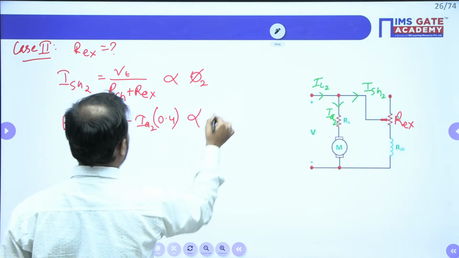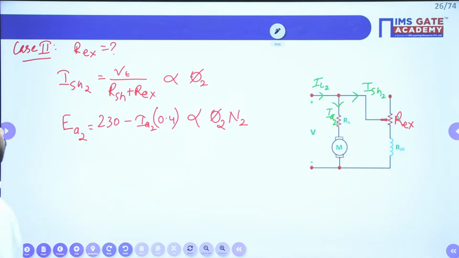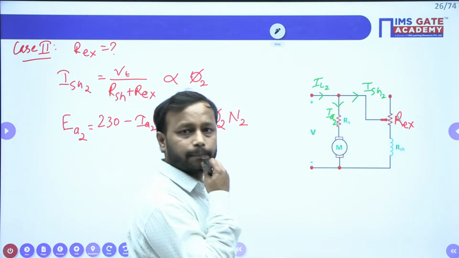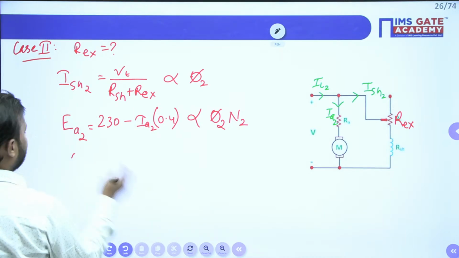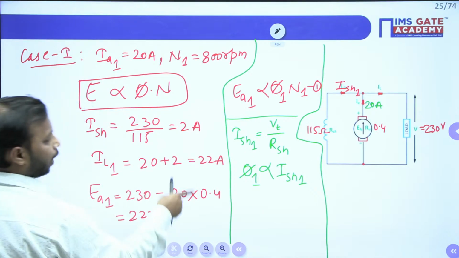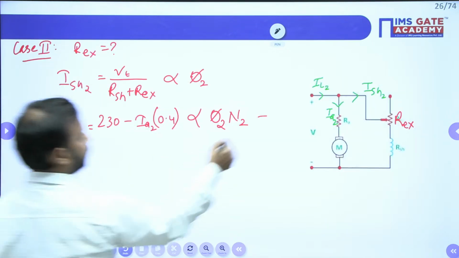And this is proportional to phi 2 N2. Done, guys? Clear? Let me take this as equation 2. This I have taken as equation 1, this as equation 2.